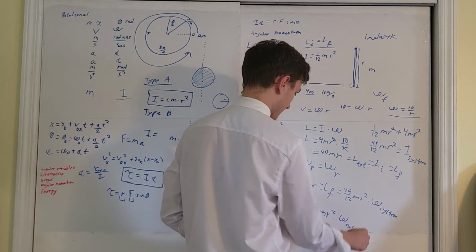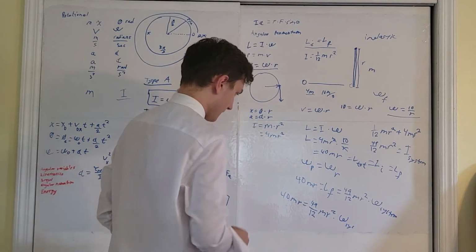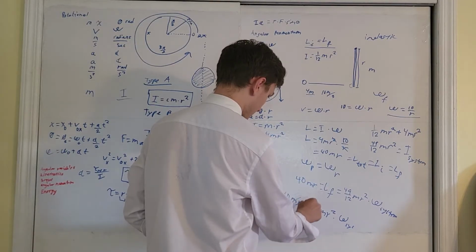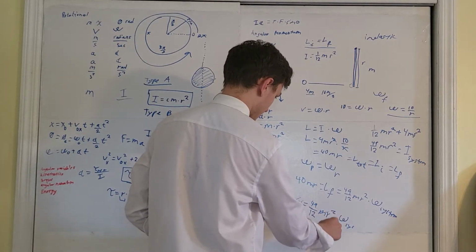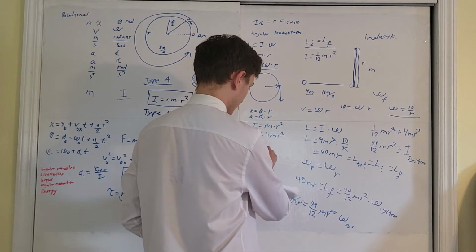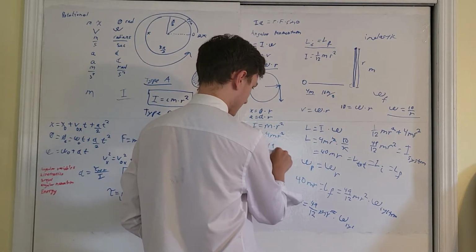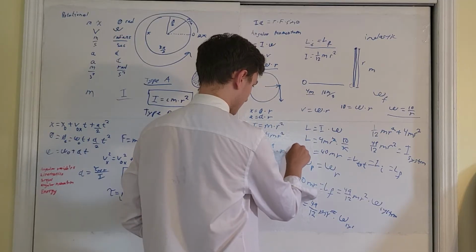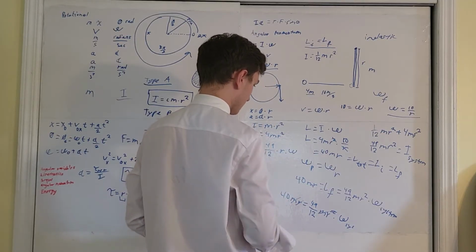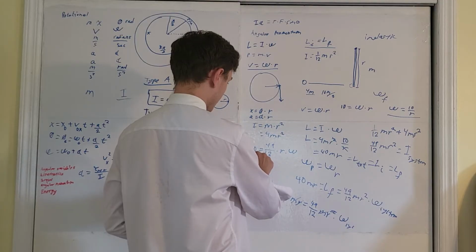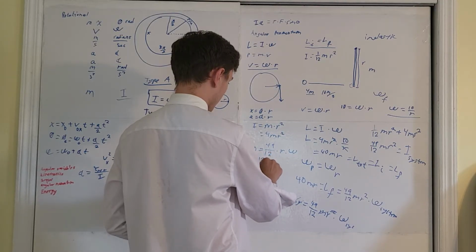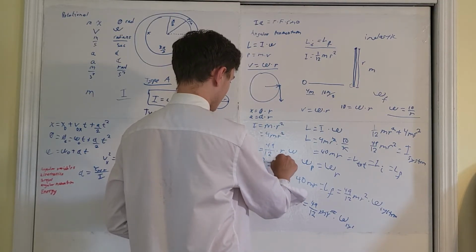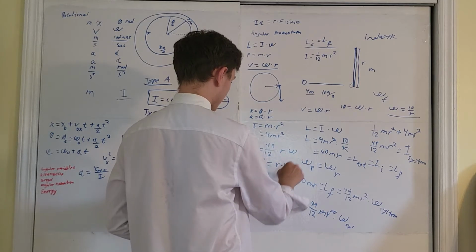So now let's solve for angular velocity. Okay? We've got mr on both sides of the equation. So now we can rewrite this as 40 equals 49 over 12 times r times the angular velocity. We can say that 40 times 12 over 49 equals the radius times the angular velocity.